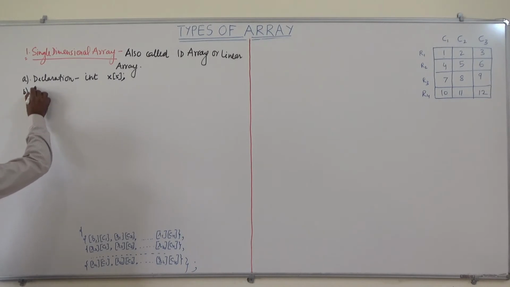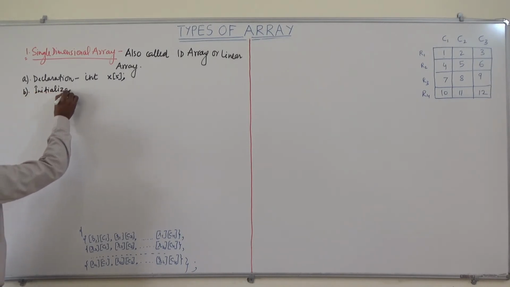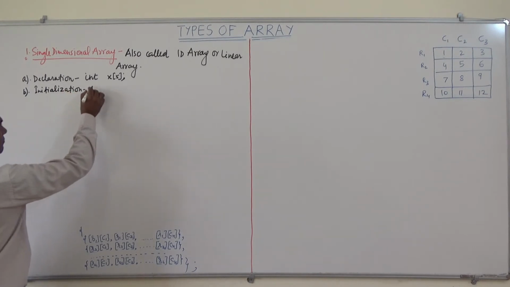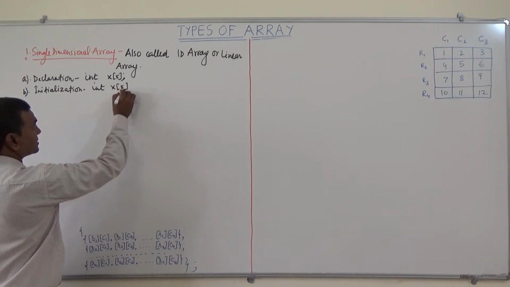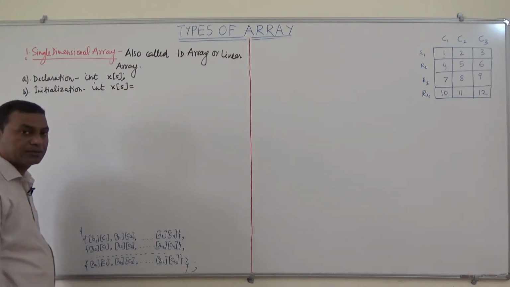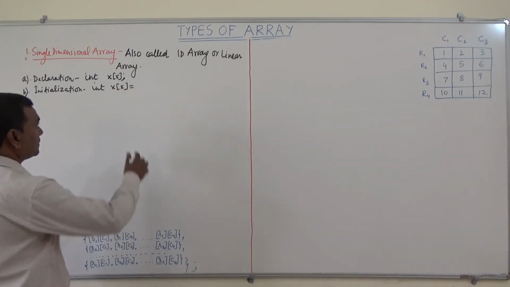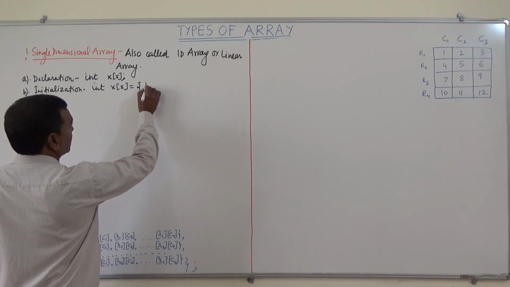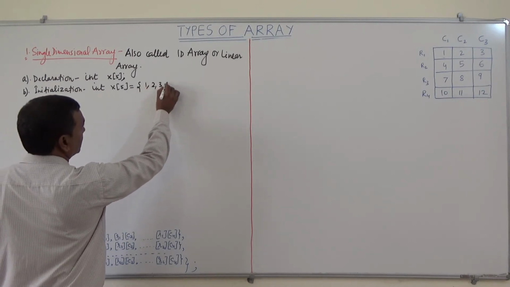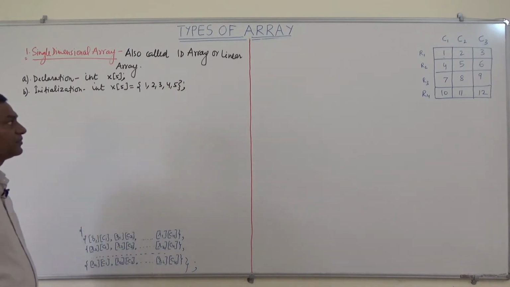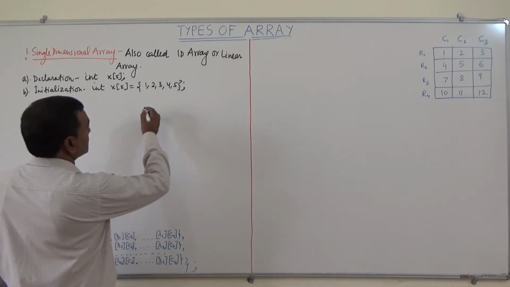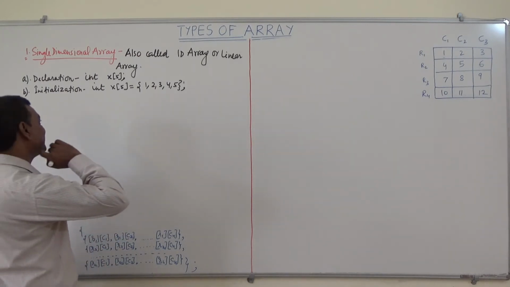Then initialization. It can be initialized like it may contain 5 elements. So we can initialize like 1, 2, 3, 4 and 5. So we can store 5 elements and these are the indexes basically.